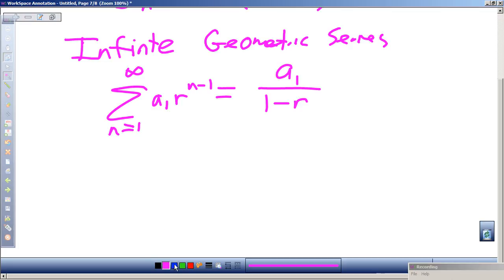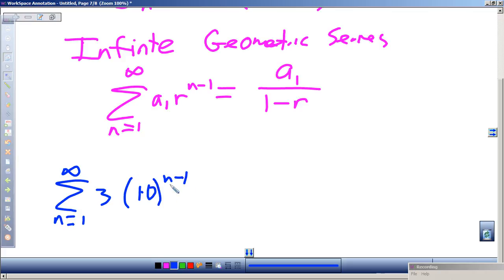So let's test something. Let's get 4 volunteers to do this one, and then we can do several of these. The sum from n equals 1 to infinity of 3 times 10 to the n minus 1. Who wants to do that one? Okay, Luke, get 2 more people. Okay, Jensen and Reed.